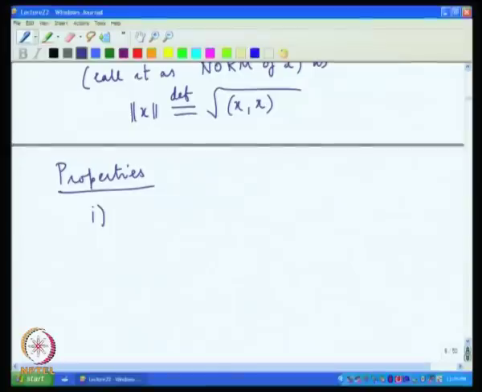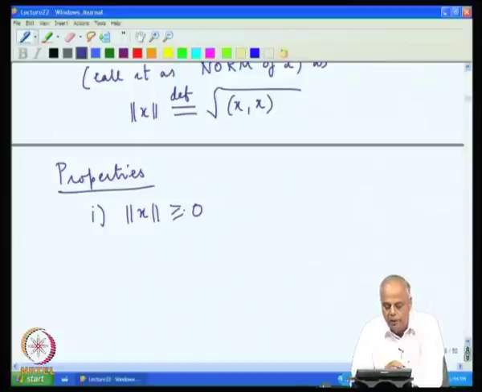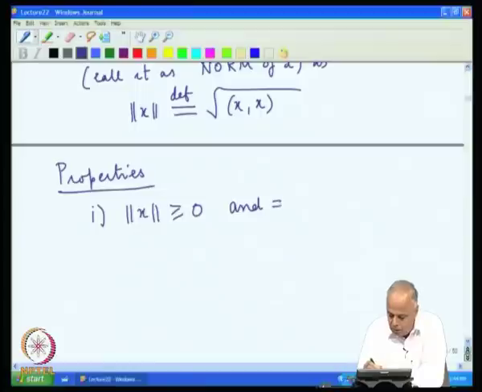The first property is the length of a vector is always non-negative, because the square root of x comma x is always non-negative, and equal to 0 if and only if this is 0. The square root is 0 if and only if what is inside, that is x comma x, is 0, but the property of the inner product says x comma x is 0 only when x is 0, and therefore, we get that this is equal to 0 if and only if x is the 0 vector.